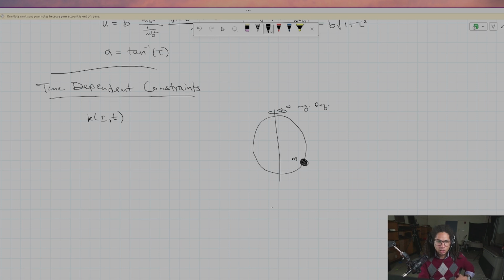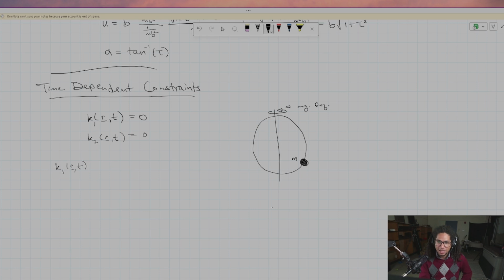Okay, so this suggests what our constraint should be. And we might as well write it in cylindrical coordinates. So let's say we have kind of two parts of our constraint. In fact, we have two constraint equations. So k1 of r, t equals 0 and k2 of r, t is equal to 0.